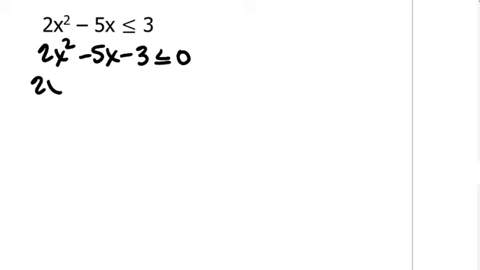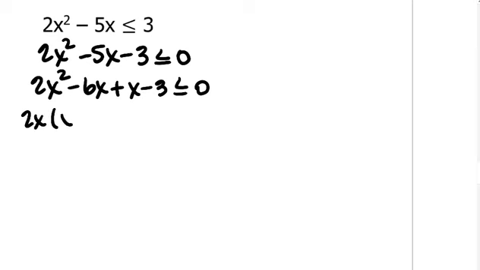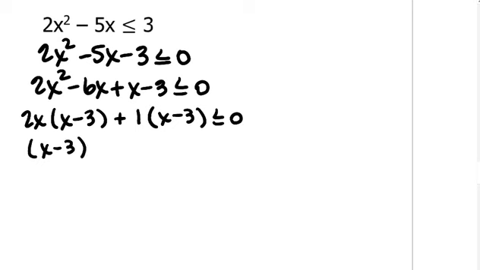So I'm going to split that -5x into -6x and +1x. I'm going to factor by grouping. There's nothing in common to x minus 3, but I know that's one I want to factor out at the end, so I'm going to factor out a +1. I'm factoring out x minus 3.